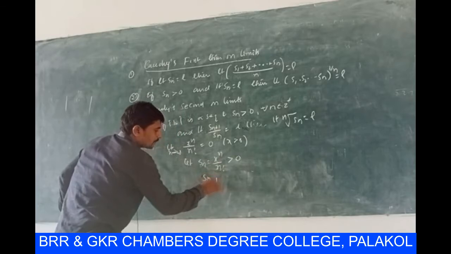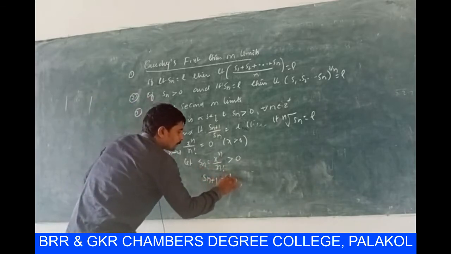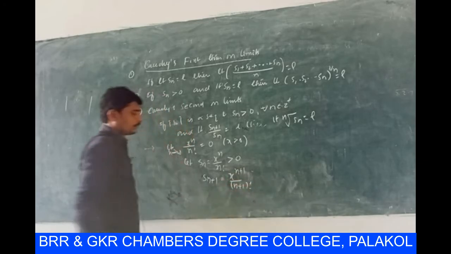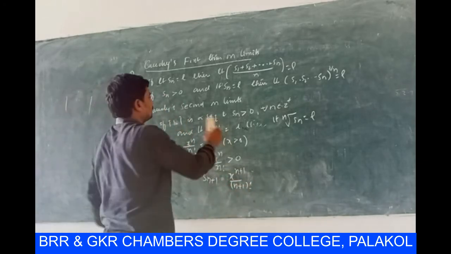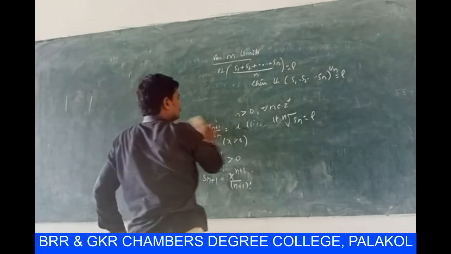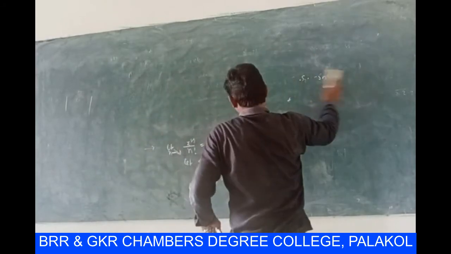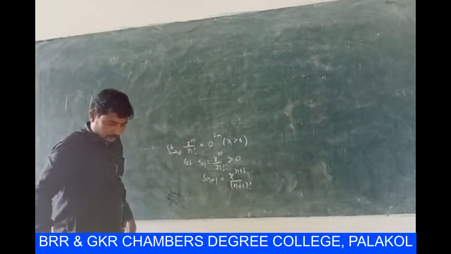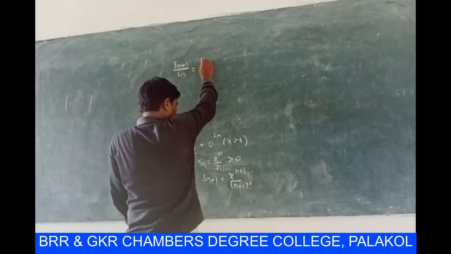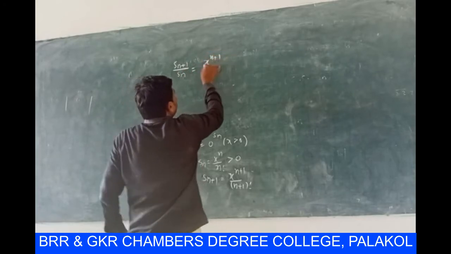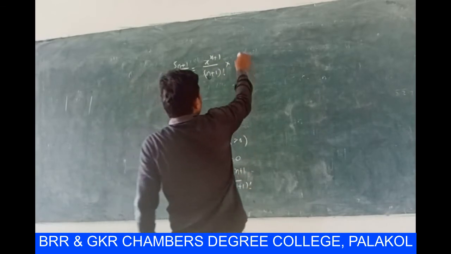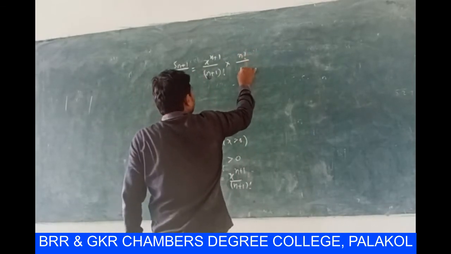And what about Sn plus 1? Replacing n by n plus 1, that is x power n plus 1 by (n plus 1) factorial. Now take the ratio, that is Sn plus 1 by Sn is equal to x power n plus 1 by (n plus 1) factorial into n factorial by x power n.